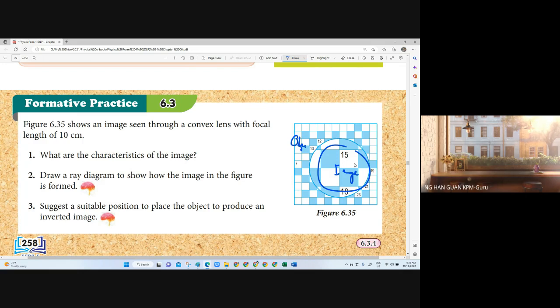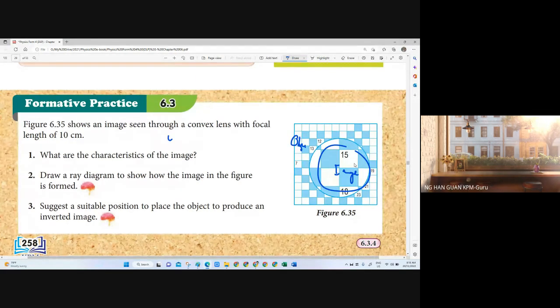Other than real or virtual, the next one you have to answer is whether the image is upright or inverted. Yesterday, based on the discussion, I already told you there is a pattern that you always have to know.